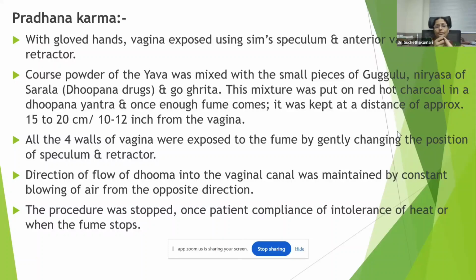This is actually one of the research protocols which was done as a PG study. Here the drugs we used were Gugulu and the Niryasa of the Sarala and the Gograta. And here we can see the procedure.